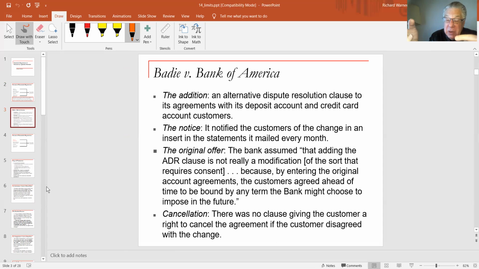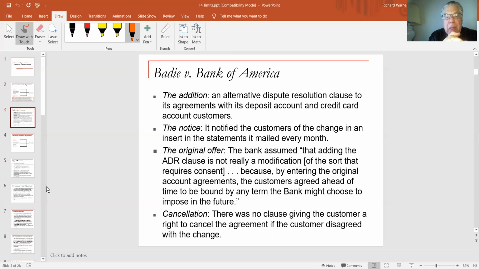So when we make the change, that change is not a new offer that the account members can accept or reject. It's just a change in the original existing contract. And that change is retroactive, covers all of our relationships with our account holders from the beginning, right? So, I mean, if they get sued on some event that happened before the change was made, even that dispute has to go to alternative dispute resolution.